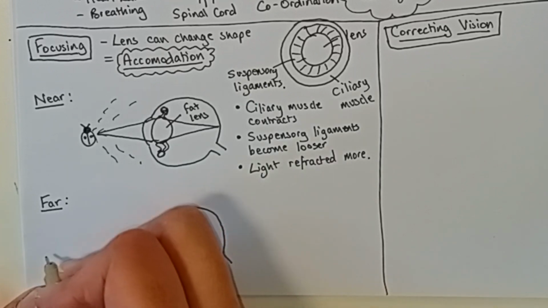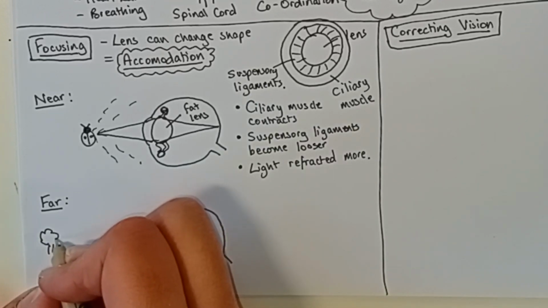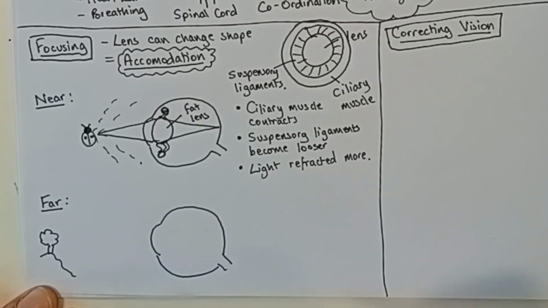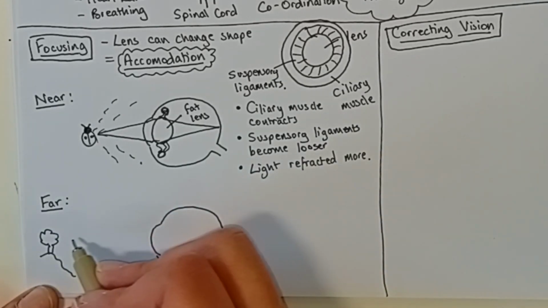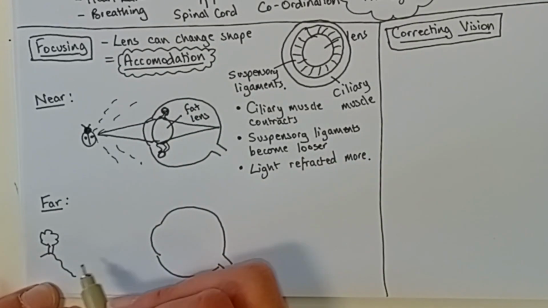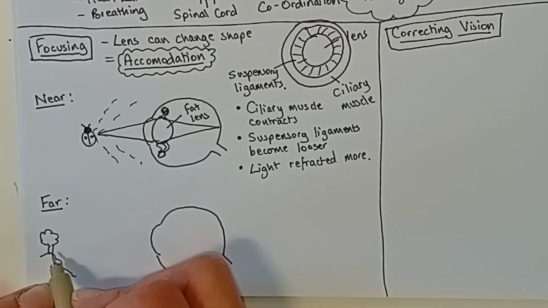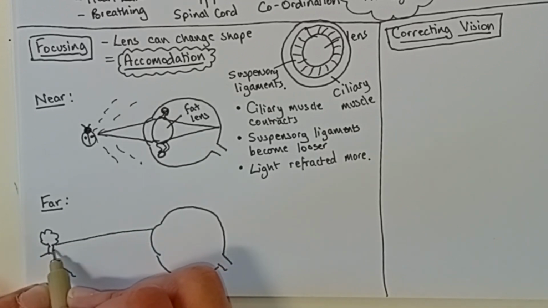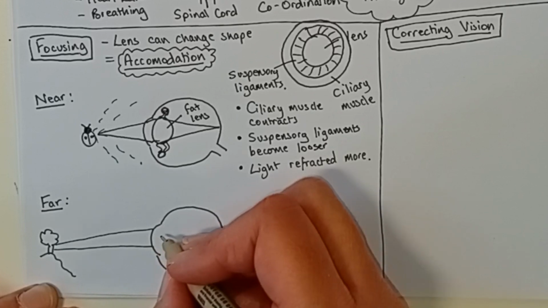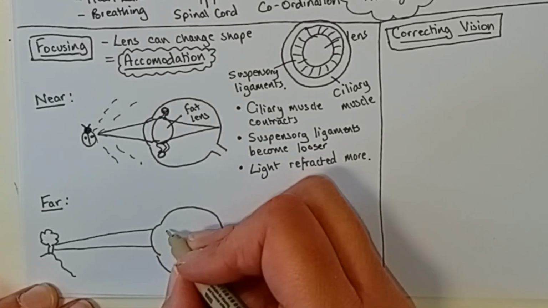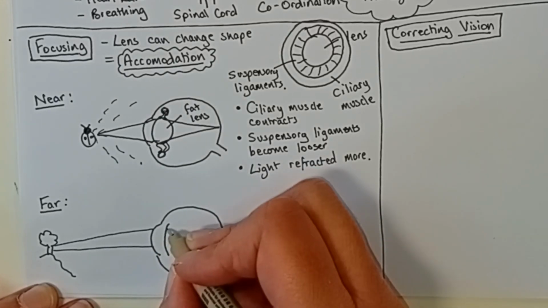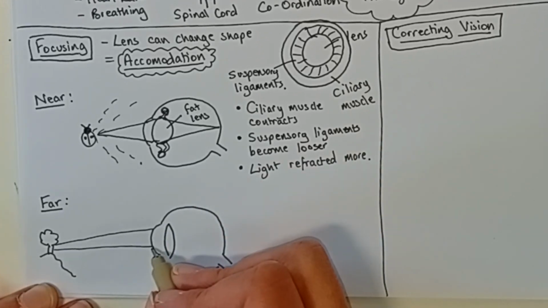So you can consider then, if we're looking far away, let's pretend we're looking at a tree on a hill in the distance. That's far away. Again, the light is scattering. This time, the light that's coming into the eye, because it's further away, isn't going to be coming at such a steep angle. It's going to be coming at a more gentle angle. Which means it needs to be bent less or refracted less, which means the lens needs to be thinner.